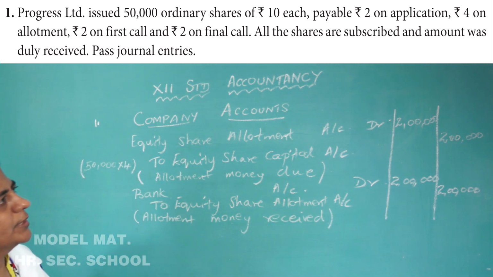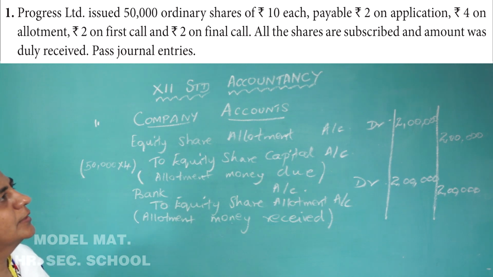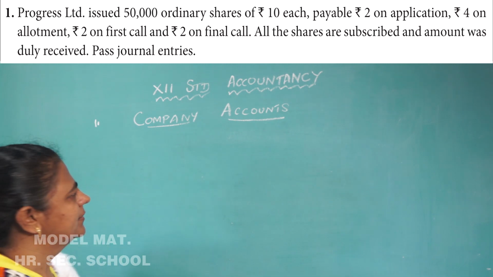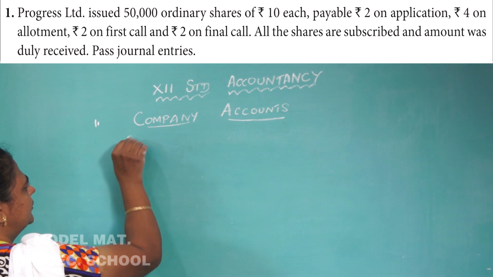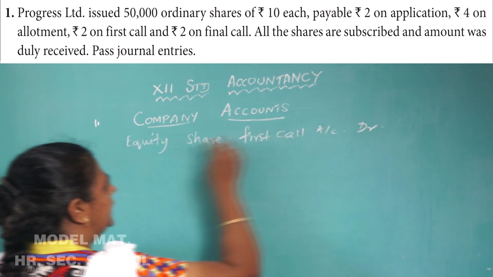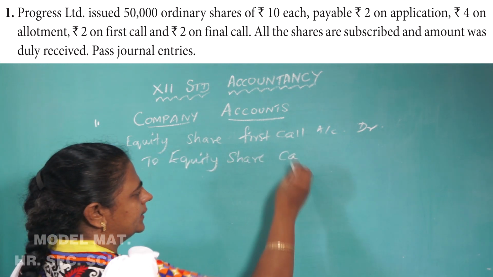Next, look at the question. Next is the first call. How much is the first call? Rupees 2. First call money due. So again you write: equity share first call account debit to equity share capital.